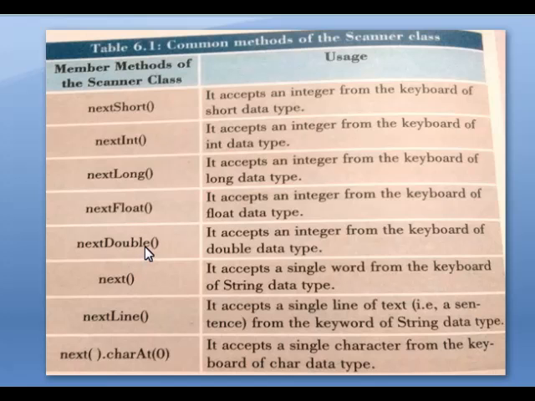So if you want to accept a string, meaning a group of characters or numbers, that is enclosed within a double quote, to accept a string you have to use the function next(). Then to accept a single line of text, one line, that is a sentence, from the keyboard you have to write nextLine().